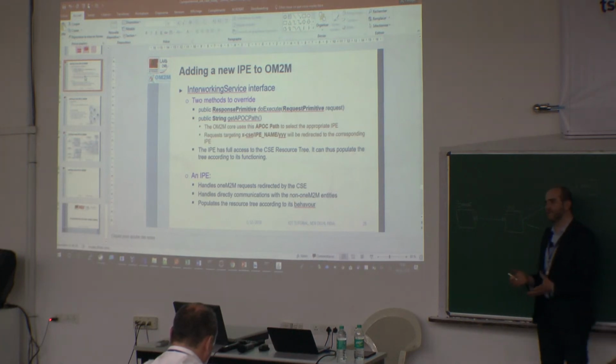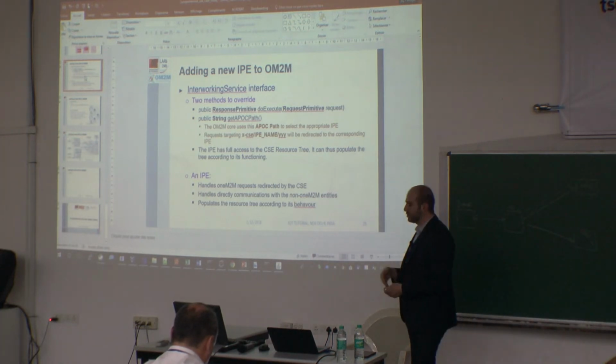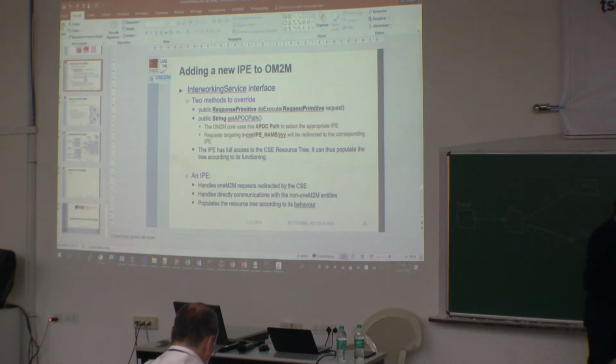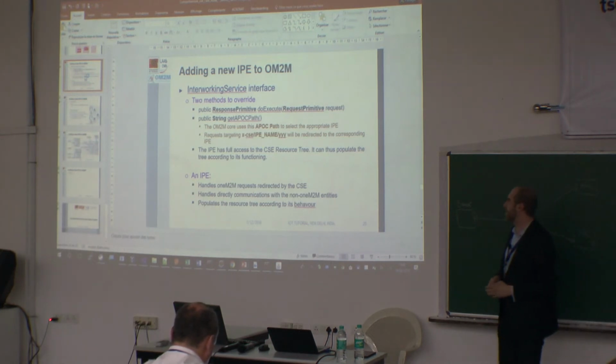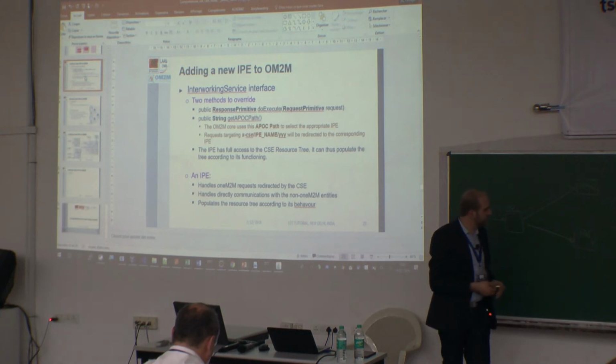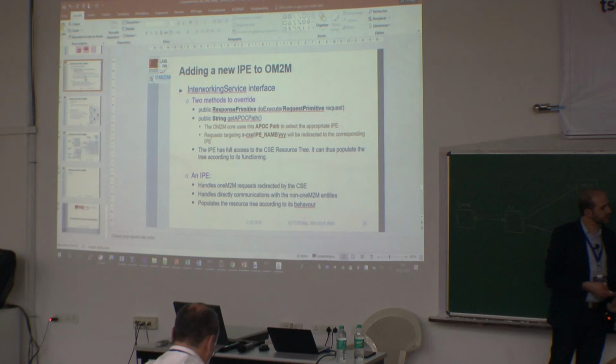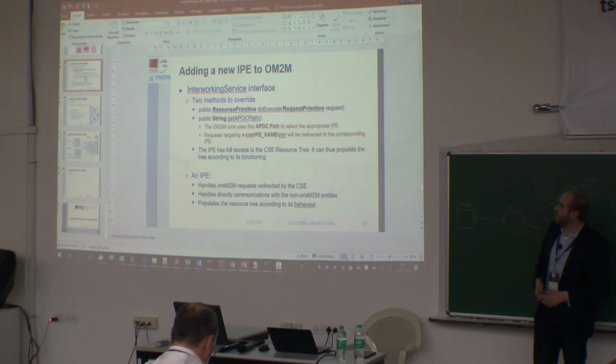So what do you do with the request? It's up to you to say that, okay, if it is, for example, command start, I need to send the message start, I need to initiate the communication, etc. It's up to you to interpret this action. The second method that an IPE exposes is an application point of contact.